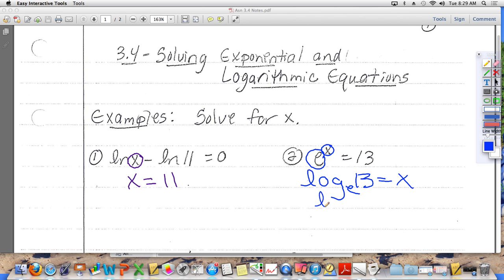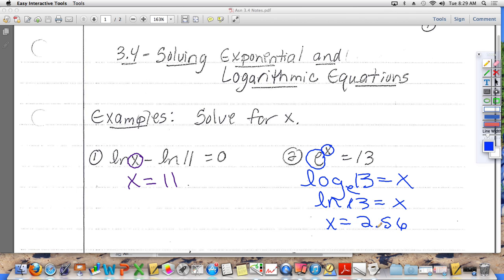So now I'm going to write this as the ln of 13, excuse me. ln of 13 is equal to x. Calculator problem, type it in. What is the natural log of 13? So we'll say just 2.56 is good. 2.56.